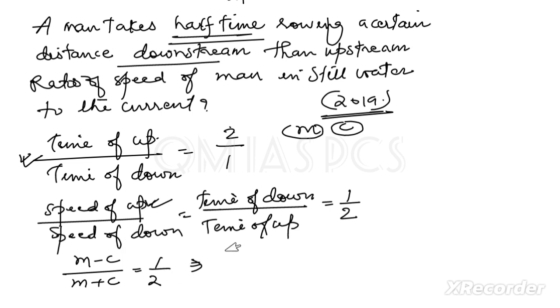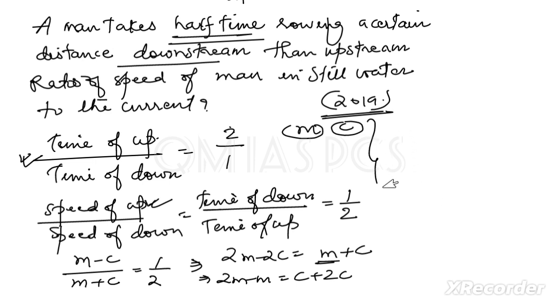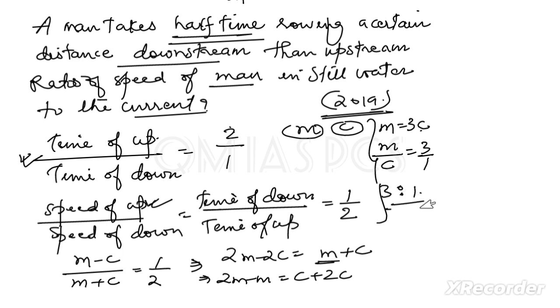It will be 2m minus 2c equals m plus c, and when we take m to the left side it will be 2m minus m, and this is c plus 2c. So what we will have here is m equals 3c. Now we have to write the ratio of man by current. First we write m, then by c it will be 3 by 1. So the ratio will be 3:1. This will be our answer.